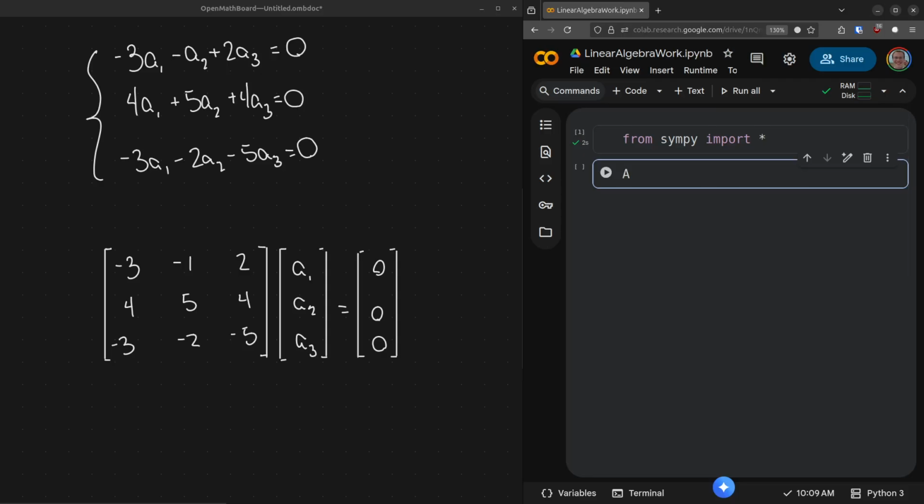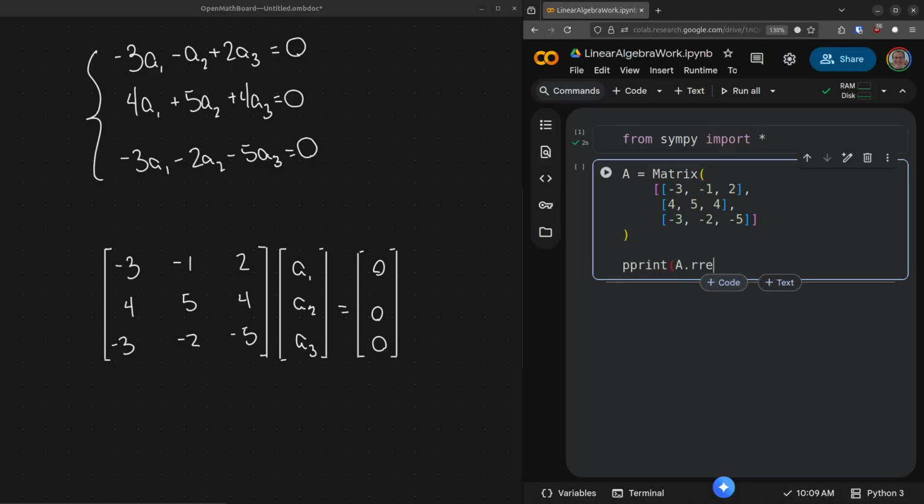So I'm going to set my coefficient matrix A equal to the matrix where the first row is -3, -1, 2. Second row is 4, 5, 4. And the last row is -3, -2, -5. Let's get the reduced row echelon form of that matrix.